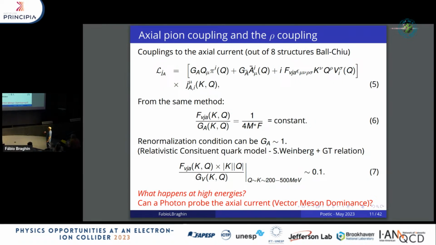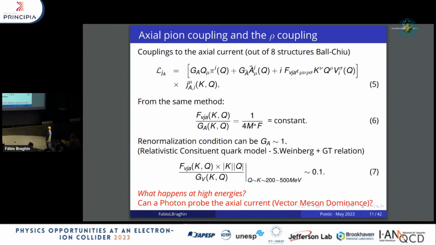And then we can also compare this form factor to the vector form factor, to the vector meson coupling to the vector current at a certain momentum scale of the order of 200 to 500 MeV. This goes to 10% of that value.